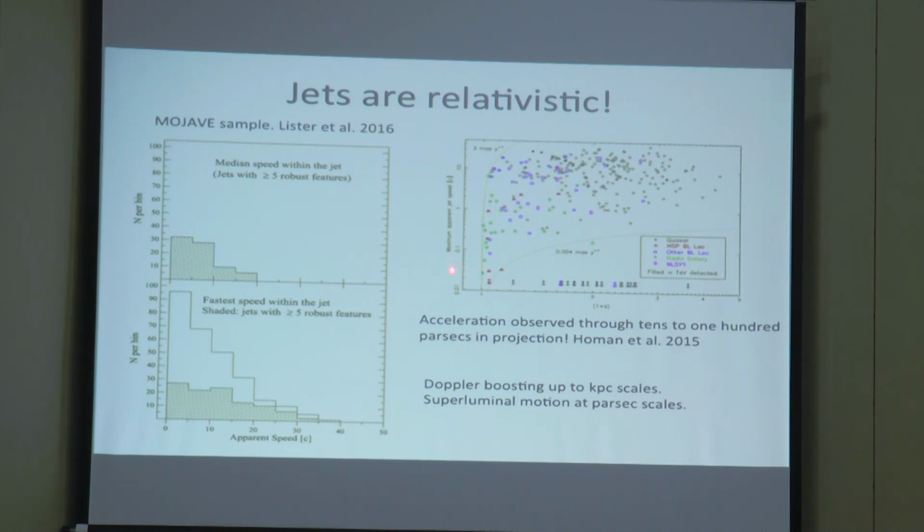This is the minimum apparent jet speed, and here you see that most of them are superluminal. The numbers go up to tens of c, so apparent velocities that tell you that jets, no matter what the morphology is at kiloparsec scales, are relativistic at parsec scales.